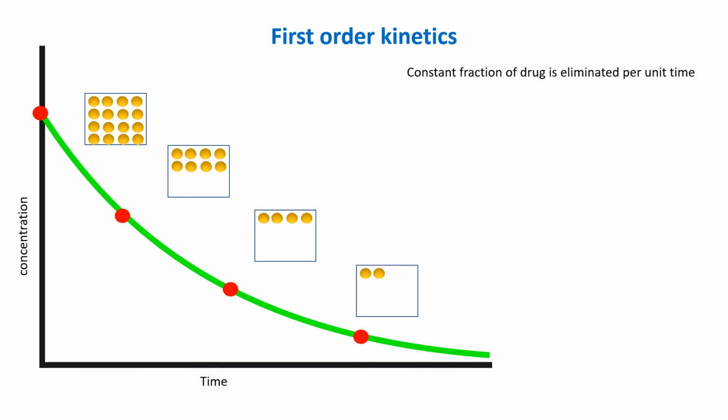If we look at the time for plasma concentration to reduce by half, which is the half-life of a drug, we can appreciate the exponential decay of plasma concentration. The first 50% reduction in drug concentration is the first half-life of the drug. So in this example, the drug molecule reduces from 16 to 8.